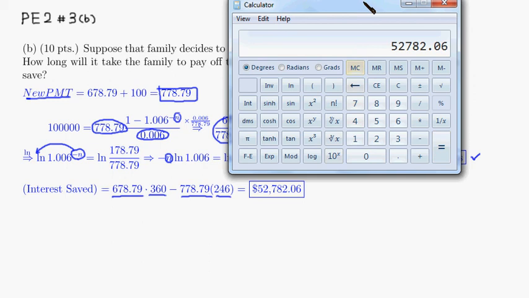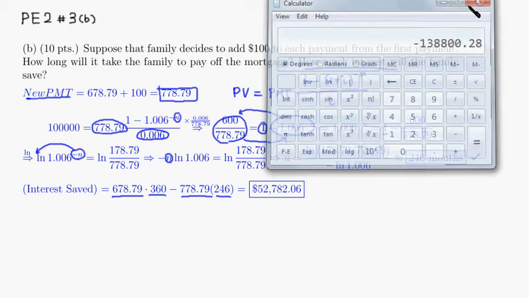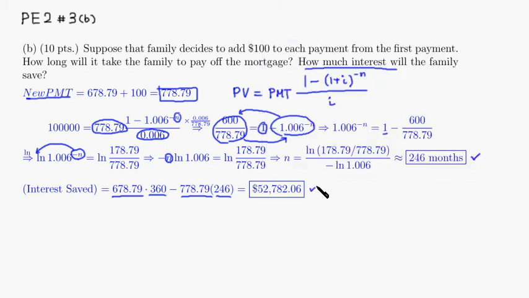You see that the savings is actually $782.06, which is the answer right here. That's it. I hope that this was clear.